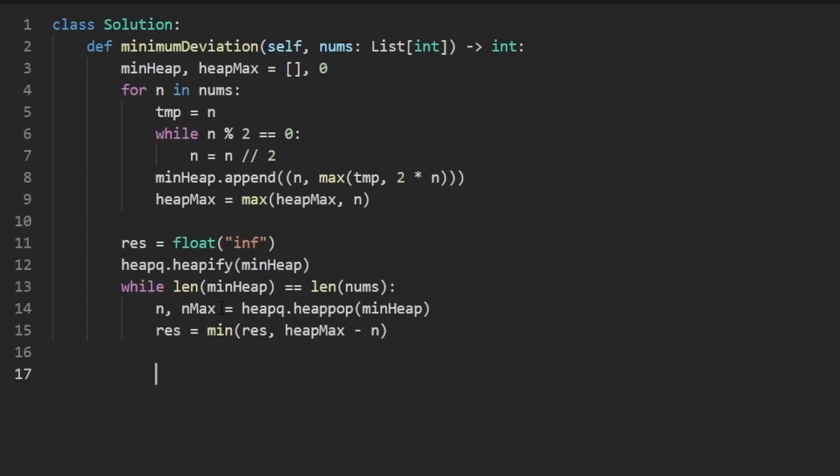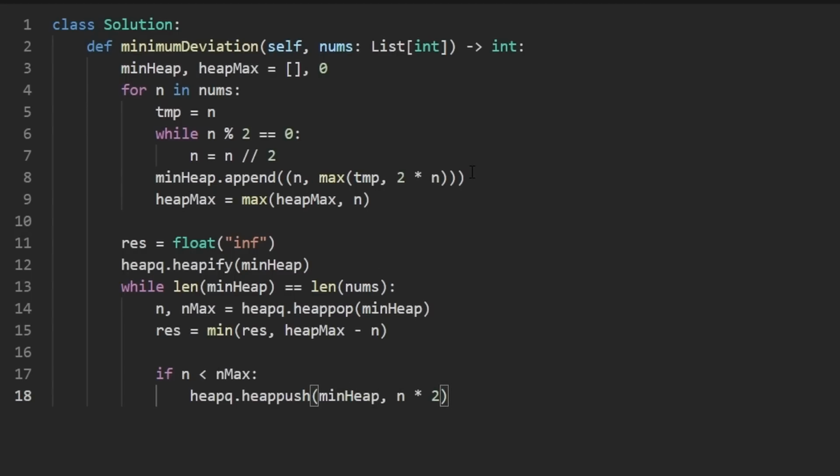Now, every time we pop a value, we possibly want to append 2 times that value back onto the heap. But we're only going to do it if the max possible value of it is actually greater than the current value. That means we can multiply it by 2. So we're going to check exactly that. If n is less than its possible maximum, then push to the heap that value n multiplied by 2.